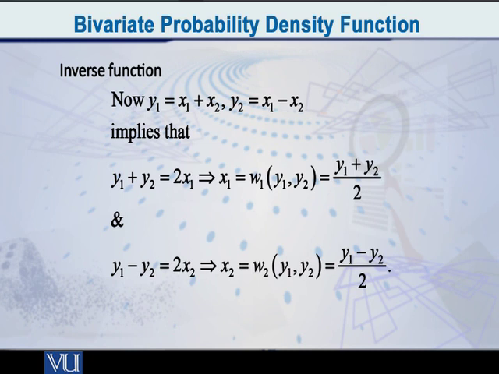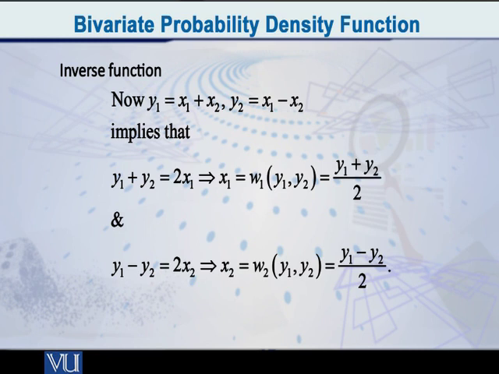Similarly, if you subtract the second equation from the first equation, then you will get y1 minus y2 is equal to 2x2, and then taking the 2 to the other side, what do you get? x2 is equal to y1 minus y2, this whole thing divided by 2.